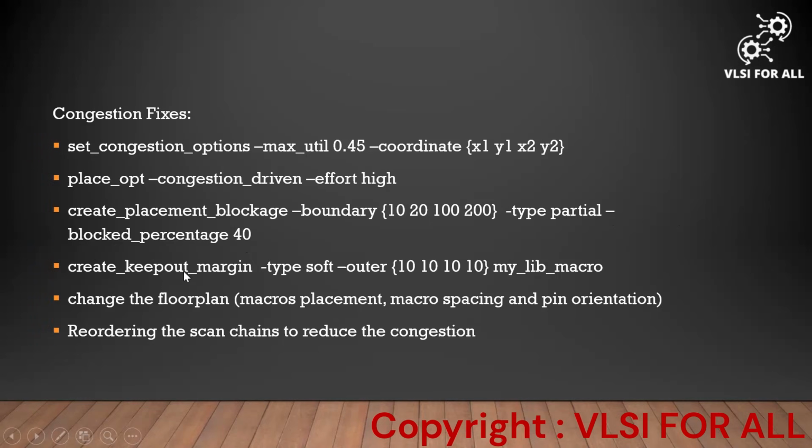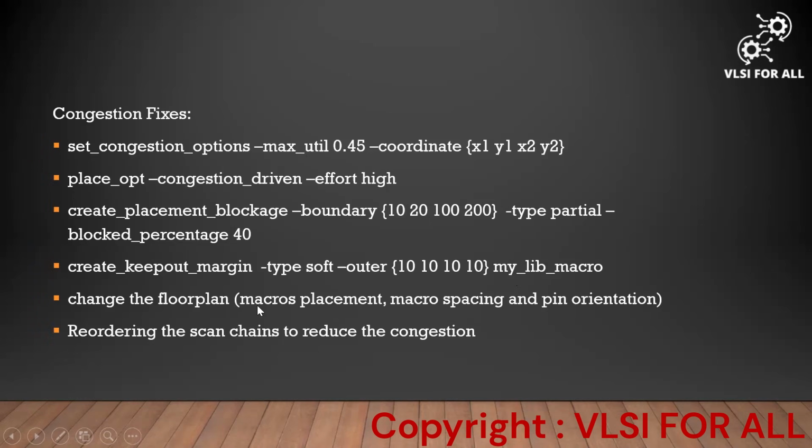The next one is create_keepout_margin -type soft. This is for when you have more pin congestion, congestion due to pin density. In those cases we use keepout margin commands, which is nothing but cell padding. We mention the coordinates with -outer, followed by my_lib_macro around it.